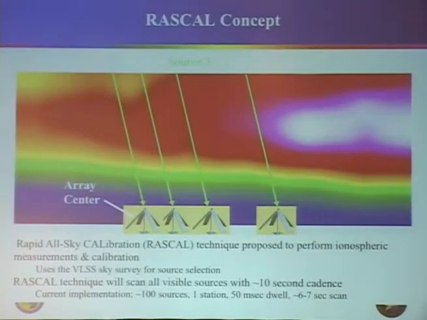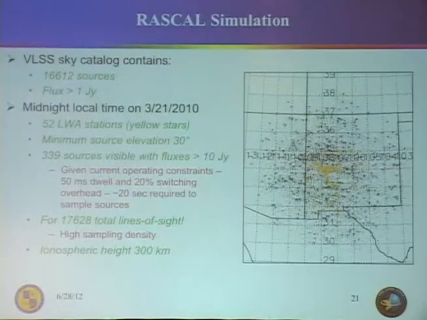No one has actually started to exploit this yet, although these measurements have been made. This is an example of the ionospheric coverage at 350 kilometer Pierce points, from a simulation that's consistent with the kinds of measurements they've been doing with the LWA so far.